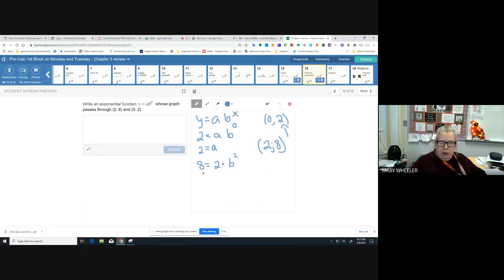Divide both sides by 2. Take the square root. b is 2. So then we can write our equation of y equals a times b to the x. Now, technically, we could simplify that a little bit further because they have the same base, but I'm going to leave it in this form.